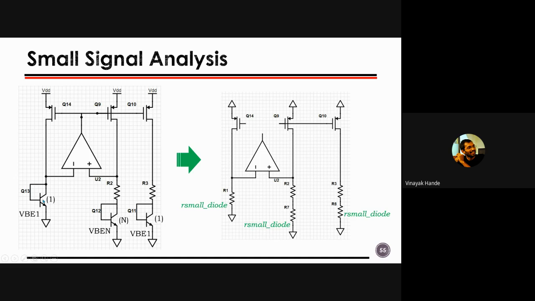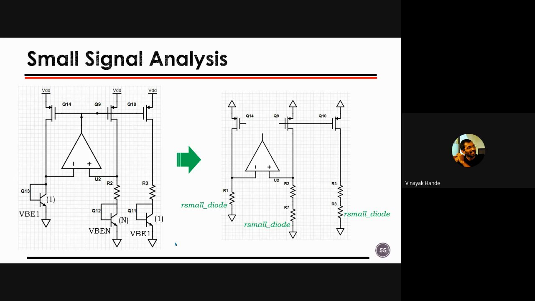So I can replace all the BJTs with a resistor for doing the small signal analysis, right? But an interesting fact, if you note that however much area your BJT has, the small signal resistance is exactly the same for both BJTs. You can go back and check this fact.